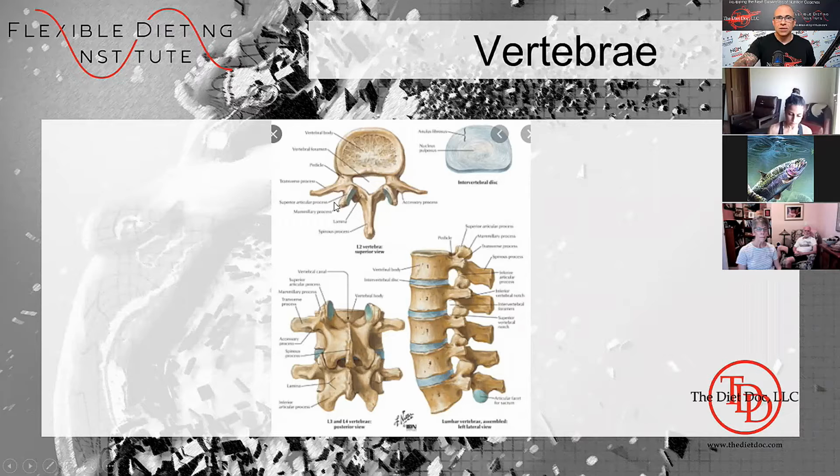These lateral protrusions, the transverse processes, stack on top of each other. As the spinal cord goes through, top to bottom, there are openings on the side in between each vertebra, and that's where these nerve roots come out.